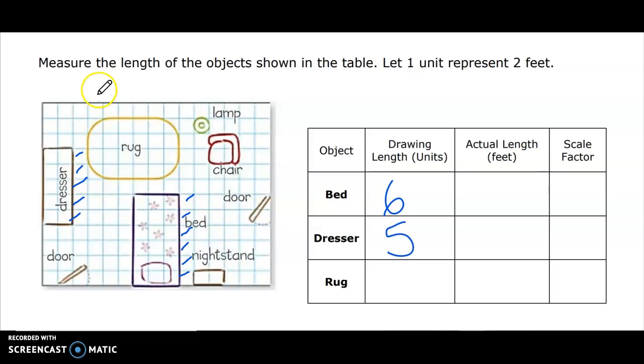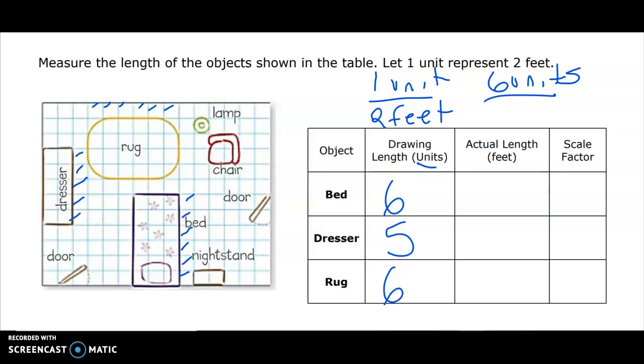And then the rug, 1, 2, 3, 4, 5, 6. Okay, and notice these are units, and so 1 unit is 2 feet. So 6 units would be, and you guessed it, 12 feet.